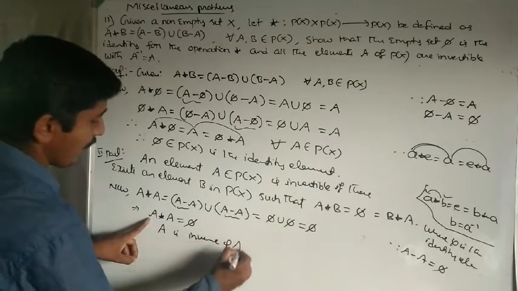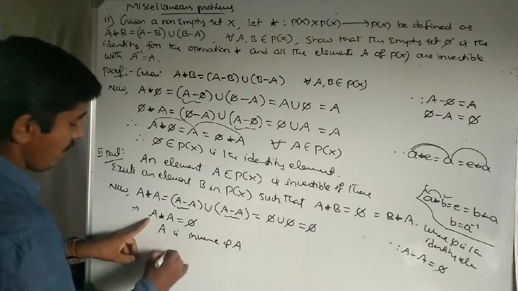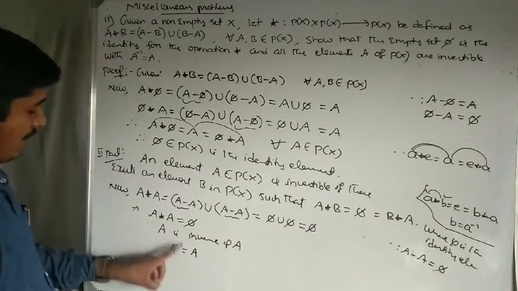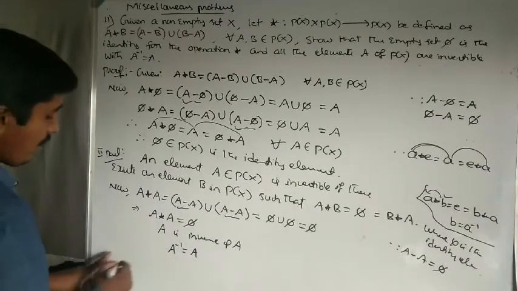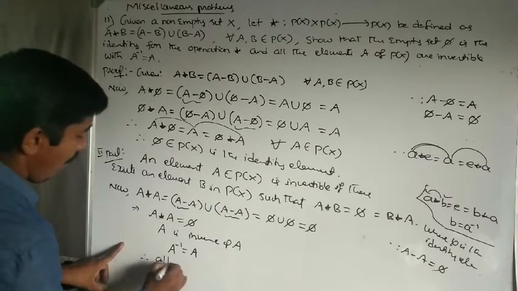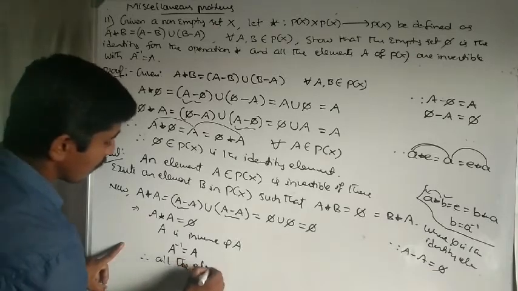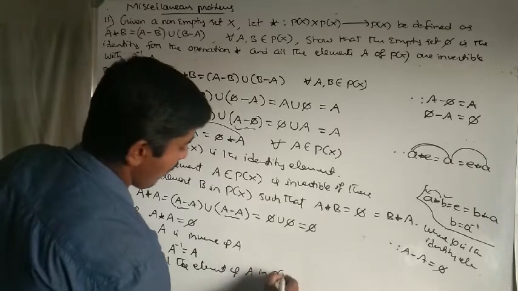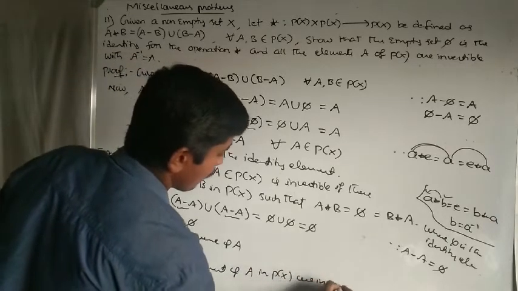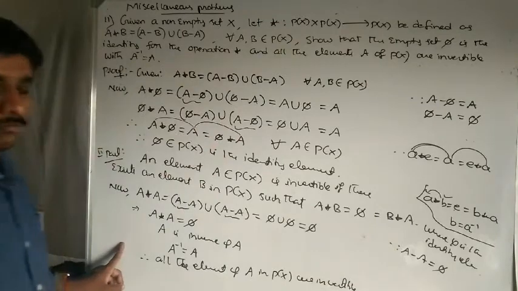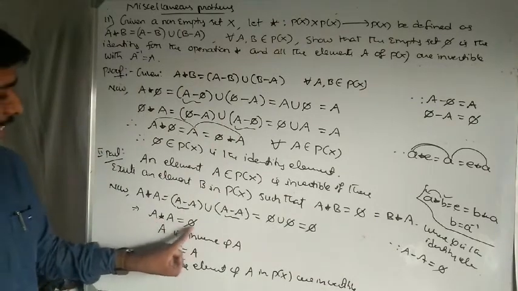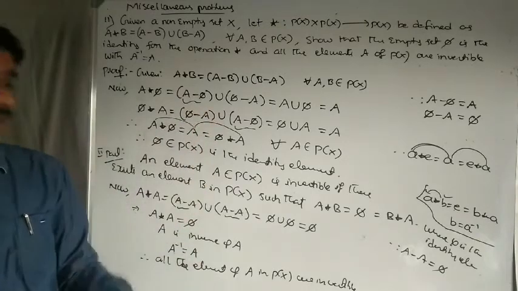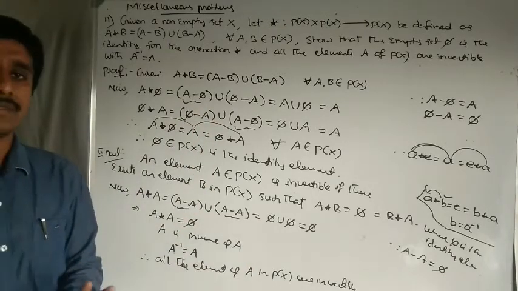Inverse of A is equal to A. Therefore we say that all the elements of set A in P of X are invertible. A star A equals the null set means A is the inverse of A. Directly you can say that. Therefore all the elements of set A are invertible. Got it.